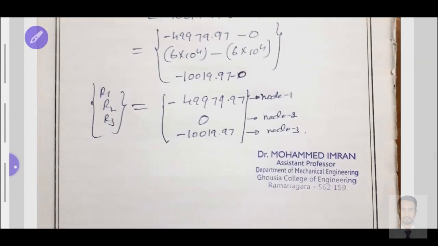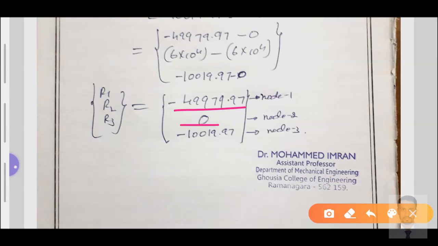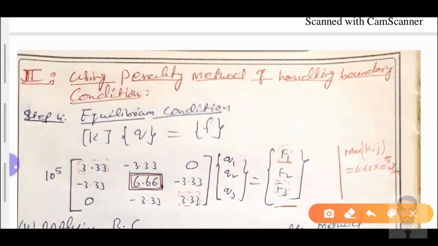So we have a reaction force at node number 1 this much, reaction force at node number 2 equals 0, and reaction force at node number 3 equals this. After using the elimination method, we found the displacement at each node and the reaction force.